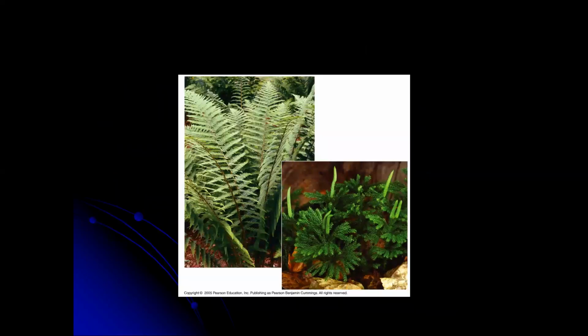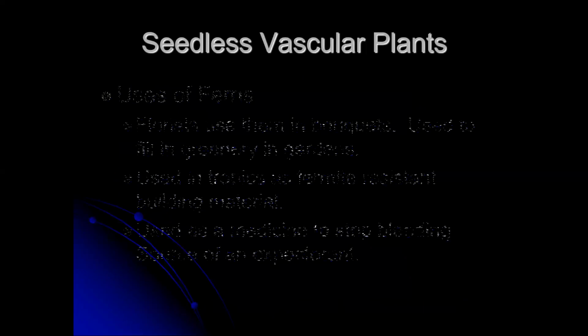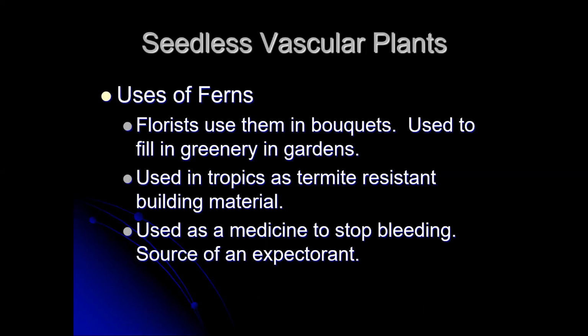So there's some ferns. So, uses. There's a pretty useful group here. Again, florists, bouquets. In landscaping, they're sometimes put as a background plant up against walls and structures to have a nice green background to really bring out, set off the flowering plants that are planted in front.